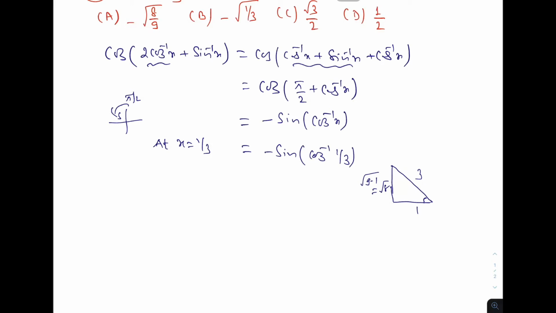So that is nothing but minus sine of sine inverse root 8 by 3, which is minus root 8 by 9. So the answer is A here.